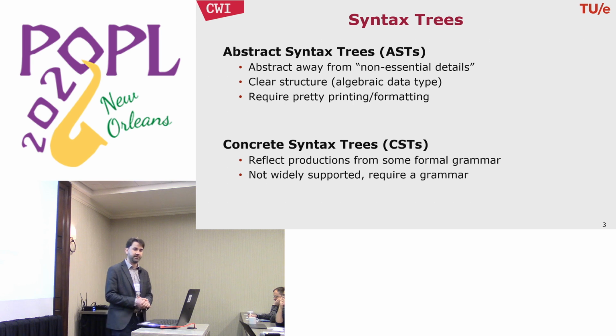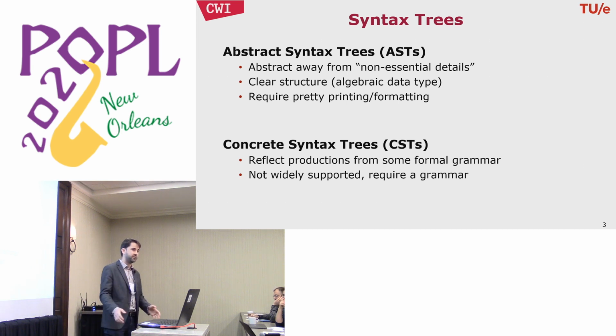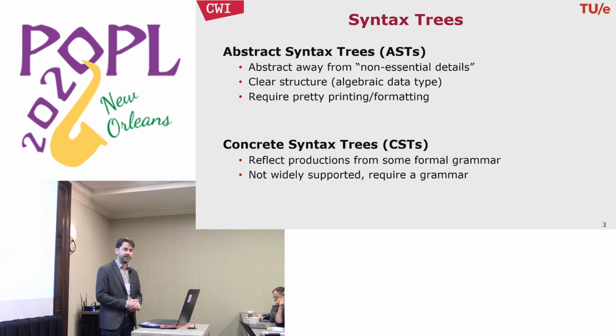These abstract syntax trees usually have a clearly defined structure, usually an algebraic data type underlying them. However, if you want to go back from abstract syntax trees to source code, you have to do some pretty printing, which is not high fidelity.